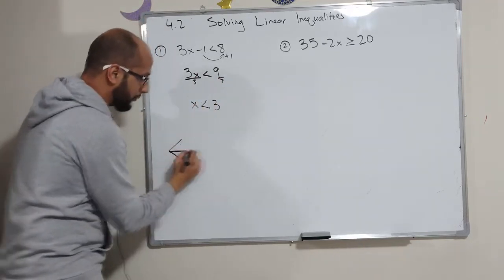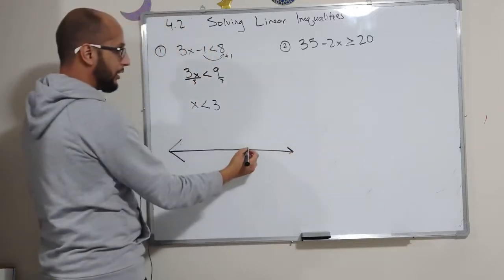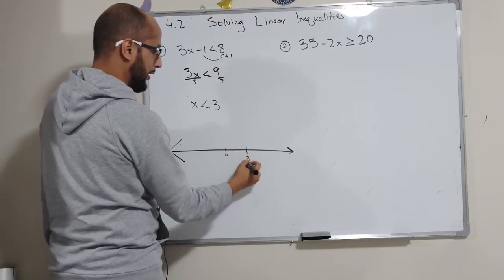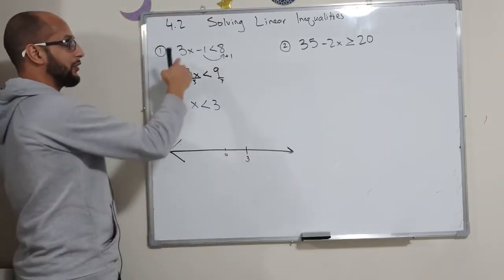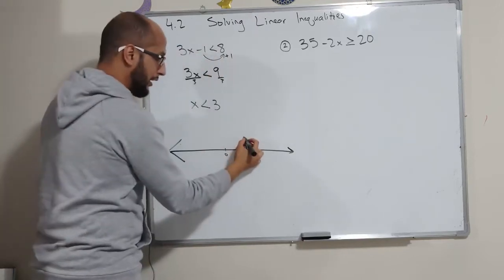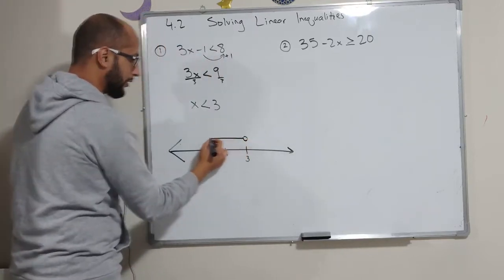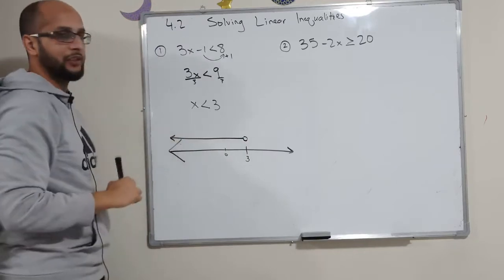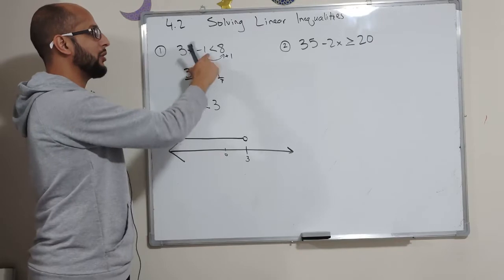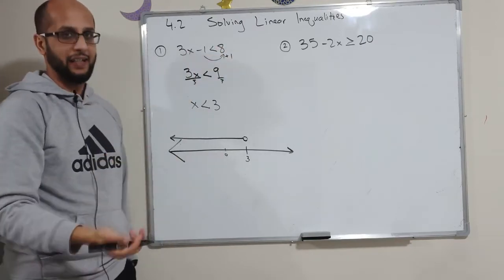What this means is, let's say 0, that's 3. 3x minus 1 is less than 8. The solution to this inequality is all the numbers that are less than 3. So if I took any number less than 3 and plugged it into this expression, my answer would be less than 8.